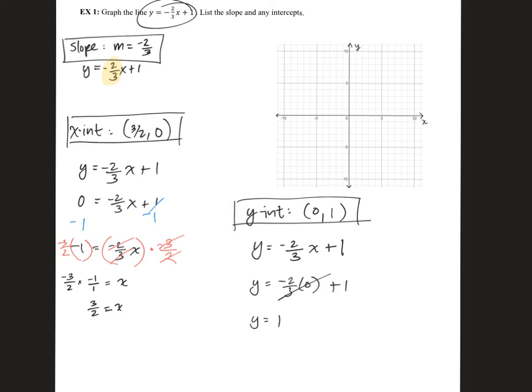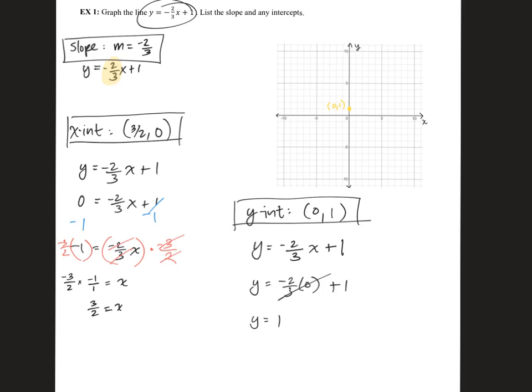All right, there we go. So now we have 2 points. Let's go ahead and plot those. Zero, 1. Ooh, so small right there. And if you need a reminder on how to plot points, just shoot me an email and I can try to send you a video on how to plot points.